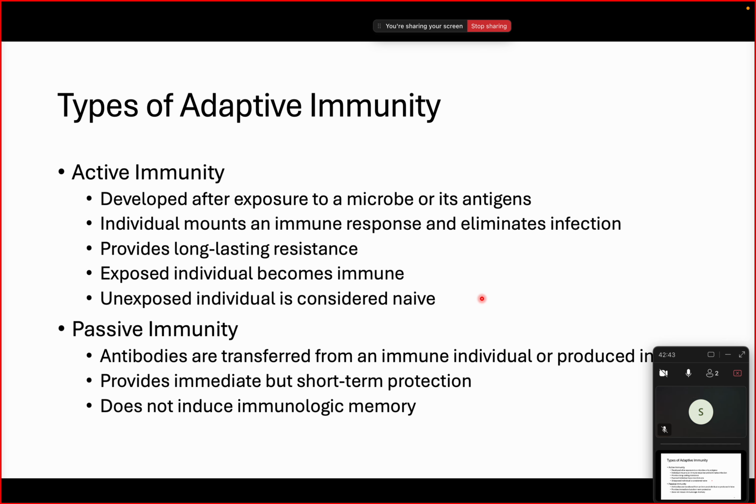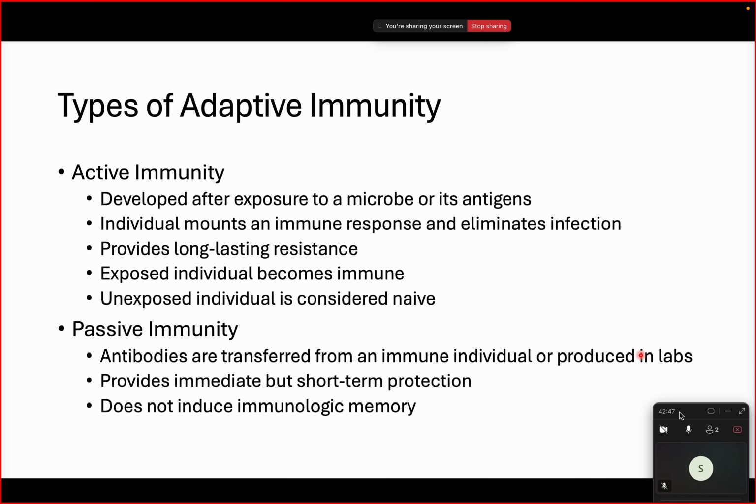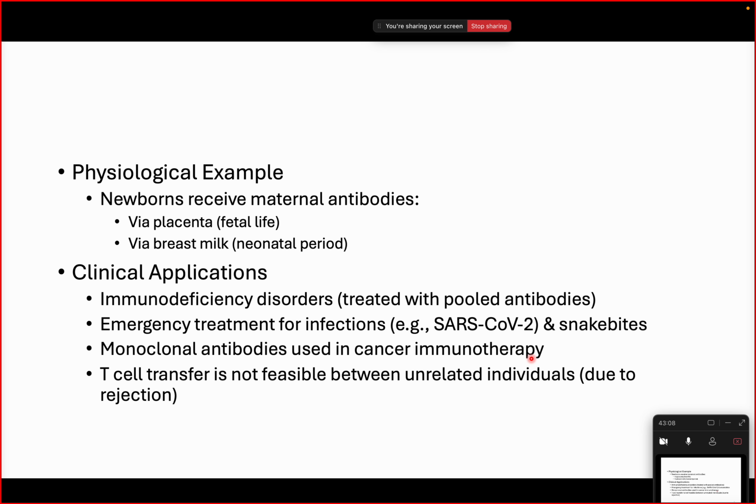Passive immunity is when antibodies are transferred from an individual who has been immunized, or produced in the labs. So basically, we are giving antibodies from outside. It provides immediate but short-term protection. It does not include immunologic memory because the body itself has not produced it.